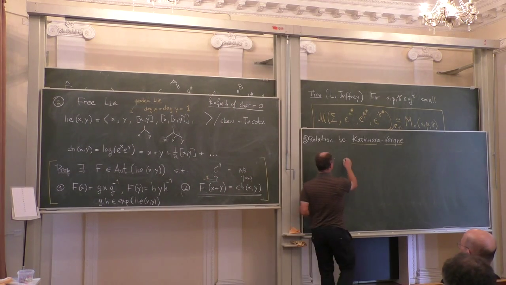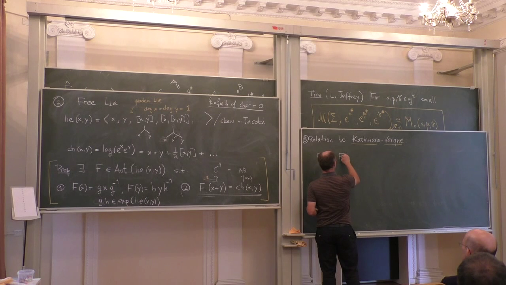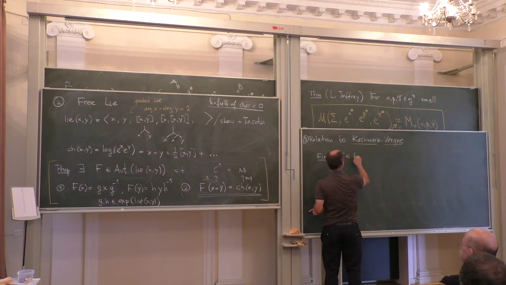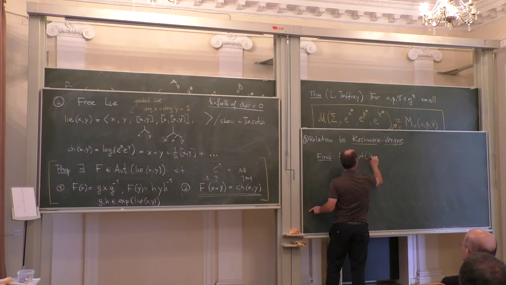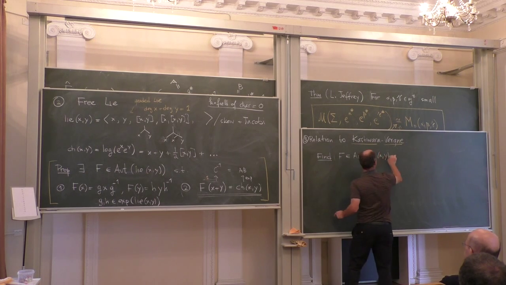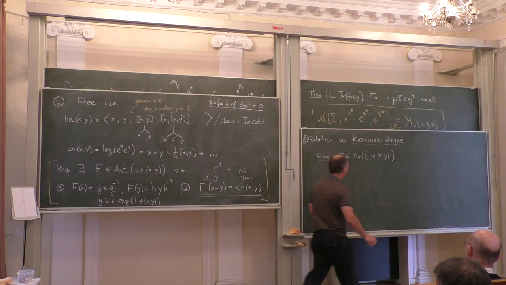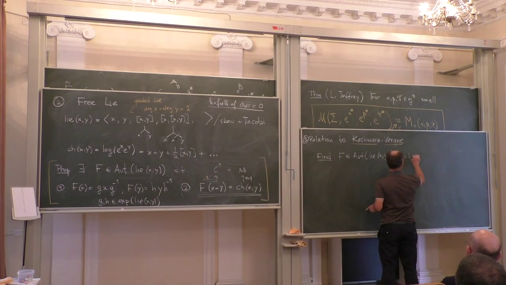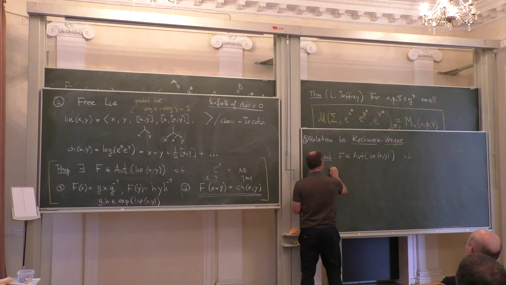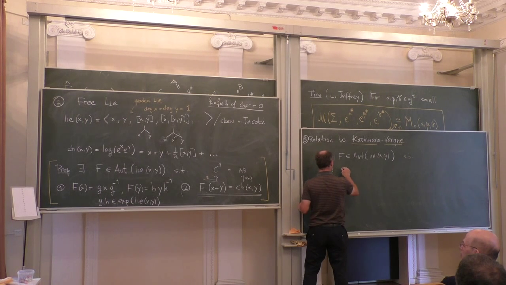So Kashiwara and Vergne want to find an isomorphism of the Lie algebra with two generators, which satisfies the following properties.